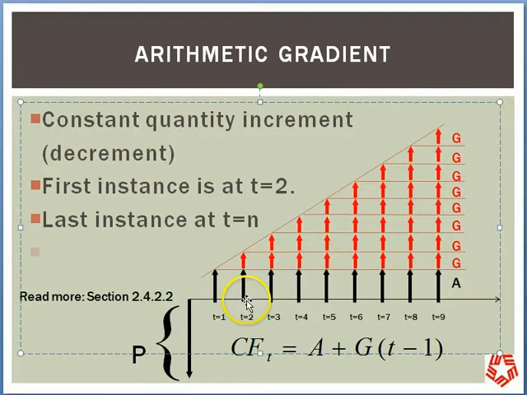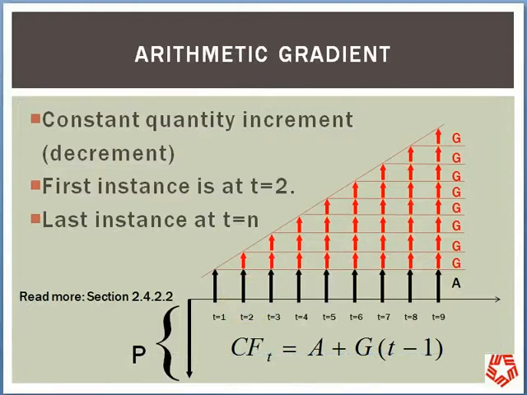One more thing you need to consider is that the gradient could have a negative value, in such a way that maybe the first payment is larger and then it decreases by the same fixed amount every time. The computations for each one of the cash flows can be done.